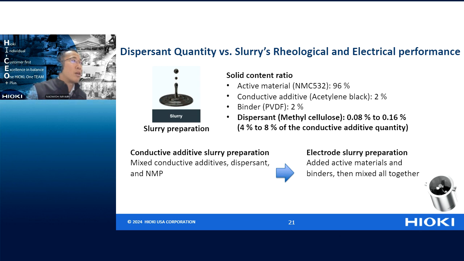We changed the quantity of dispersant from 4% to 8% of the conductive additive quantity. First, we made a conductive additive slurry. Then we added active materials and binders. Then all materials were mixed together.